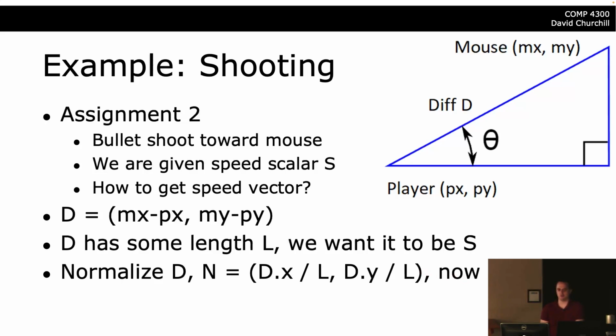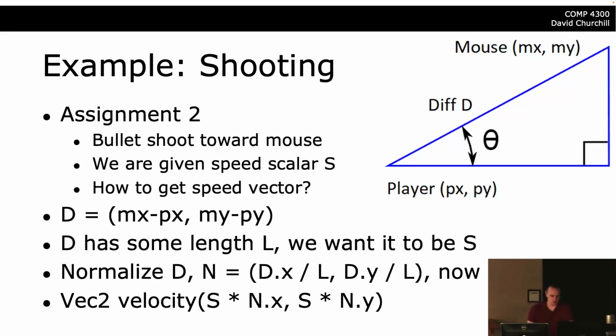It now has length 1, but we want that to be s, so we just multiply it by s. So we take the normal vector and we multiply each of its variables by s. And so now what we have is a vector pointing in the direction of where we clicked the mouse with the correct velocity to update on each frame.